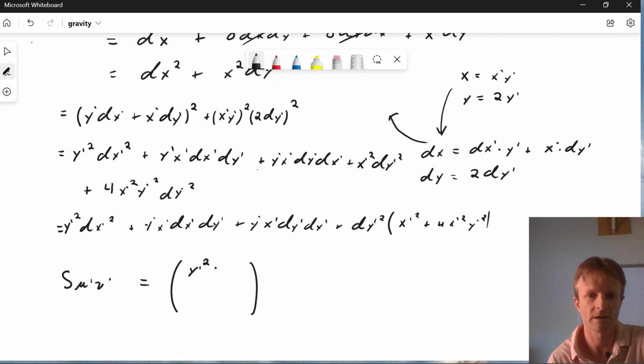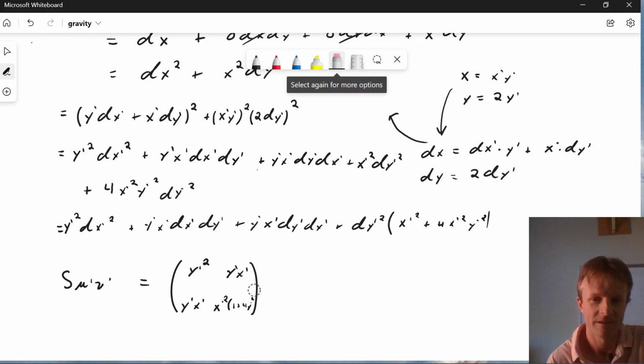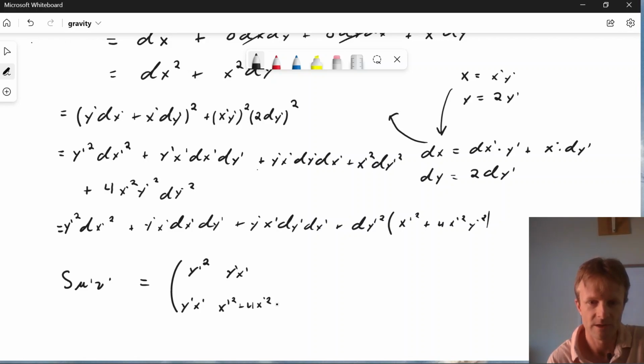So row x, column y, that's y prime x prime. yx is also y prime x prime. And the dy squared component is x prime squared times (1 plus 4y prime squared). Let's make that readable: x prime squared plus 4 x prime squared y prime squared.